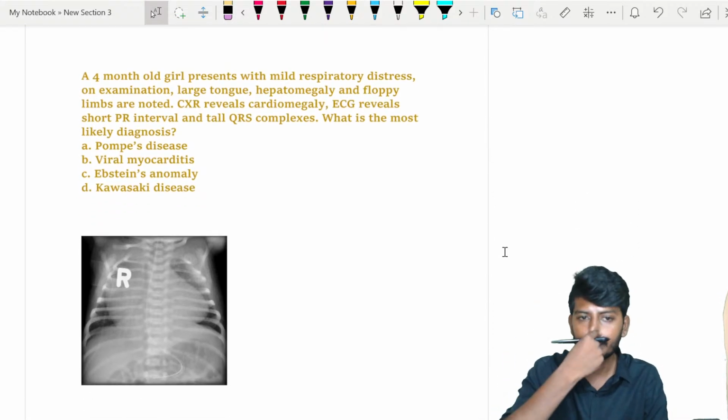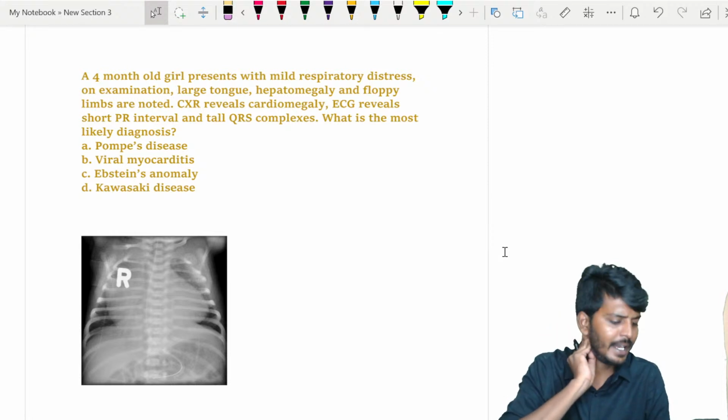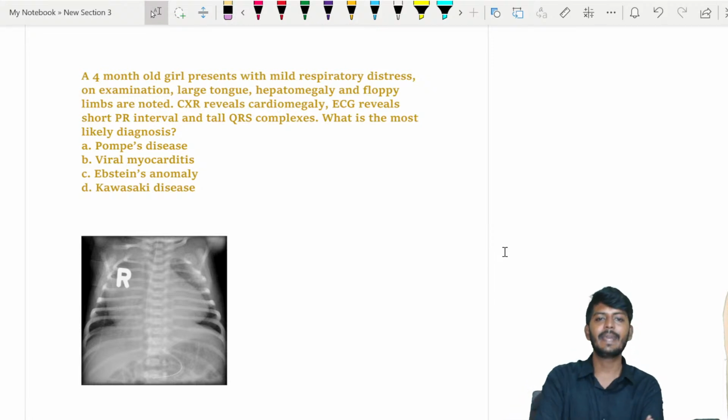A 4-month-old girl presents with mild respiratory distress. On examination, large tongue, hepatomegaly, and floppy limbs are noted. Chest X-ray reveals cardiomegaly. ECG reveals short PR interval and tall QRS complexes.